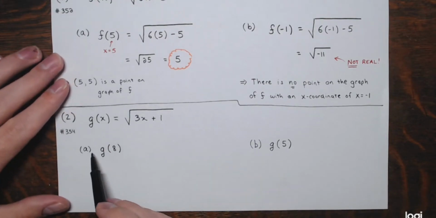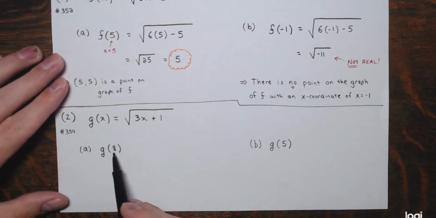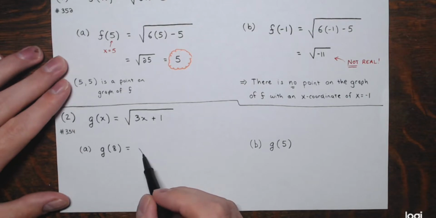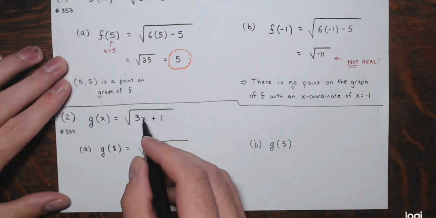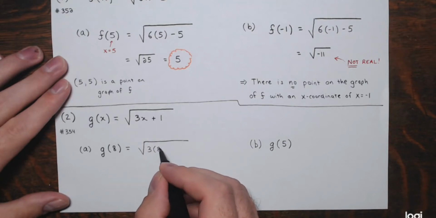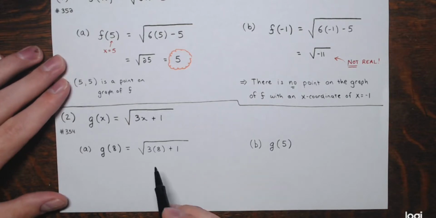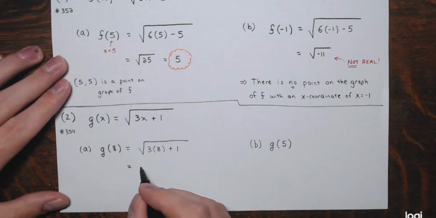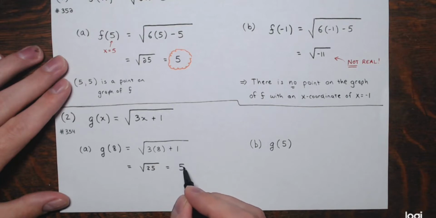Alright, so part A, they're asking us, what's the value of g? What's the output when the input is 8? So it's simply the square root of 3 times 8, input is 8, plus 1. 3 times 8 is 24, plus 1 is 25. So this is the square root of 25 again, which is just positive 5.